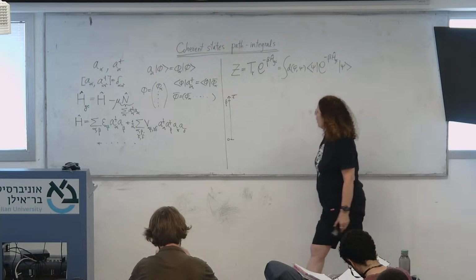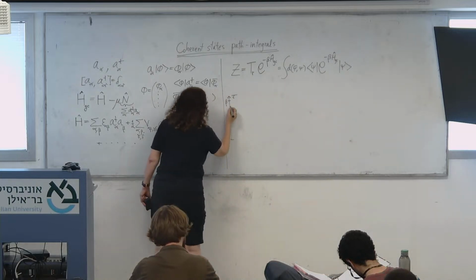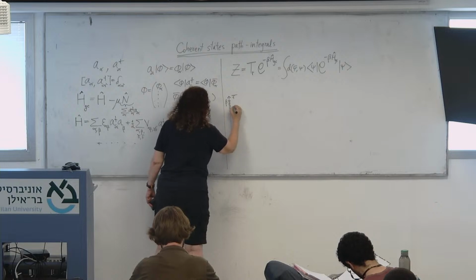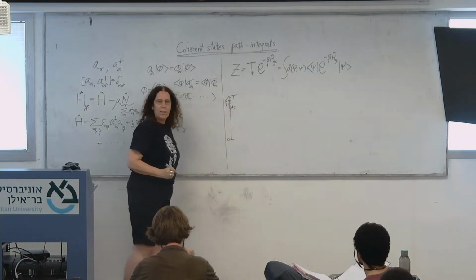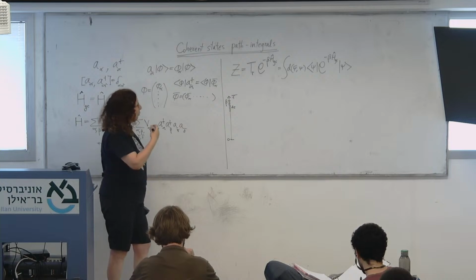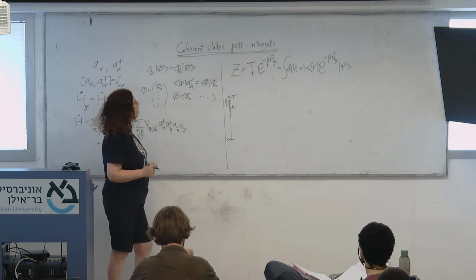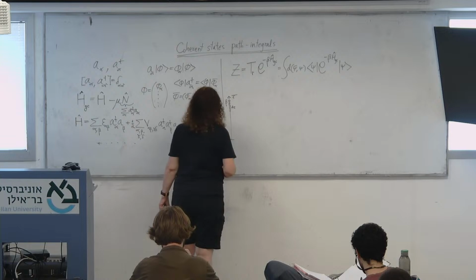Okay? So the idea is that we divide the imaginary time axis to small slots of size d tau, that eventually we're going to take the limit that d tau goes to 0.